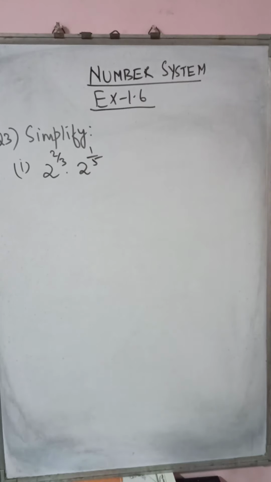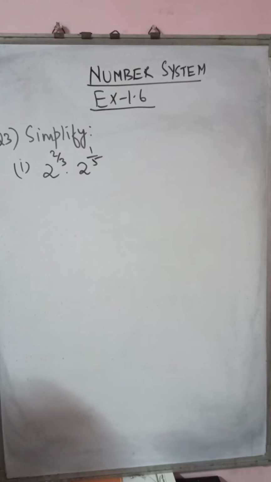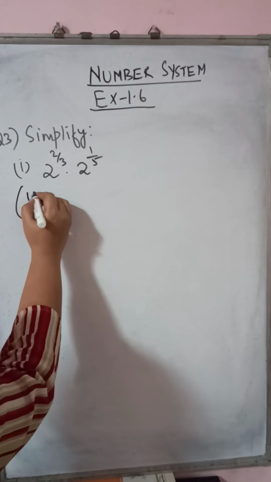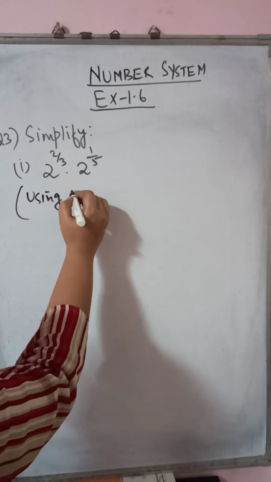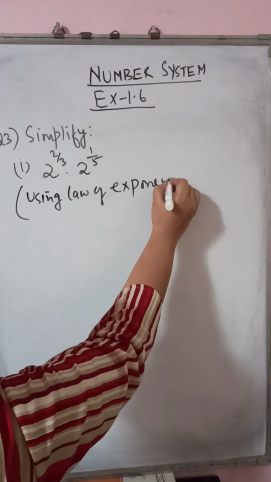Question number 3, simplify. Now here the base is the same and a multiplication sign is there. So what do we do with the power? We add the power. So we are going to use the law of exponent.